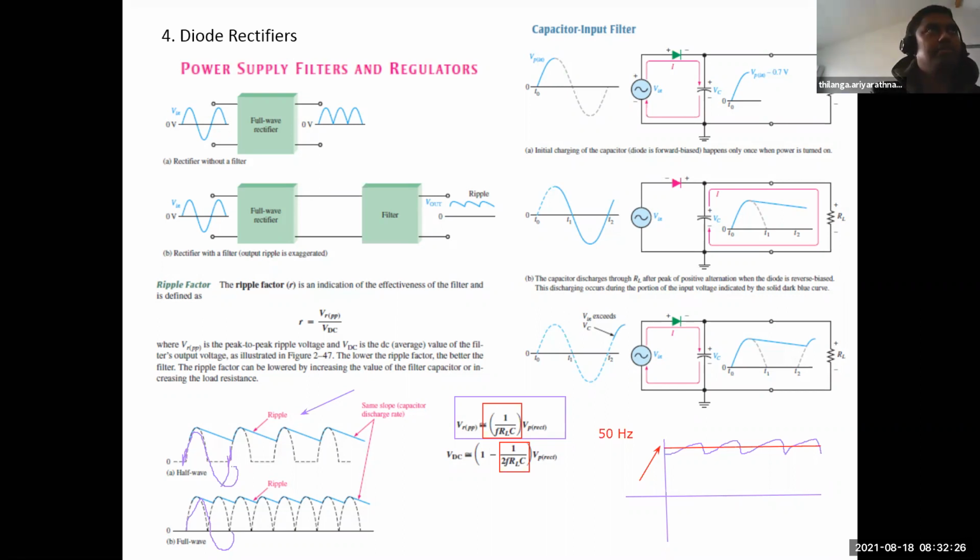Okay, cool, guys. This is VDC, which is equal to VP rect minus the peak to peak ripple divided by 2.